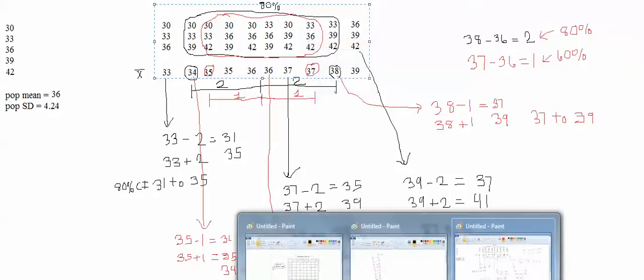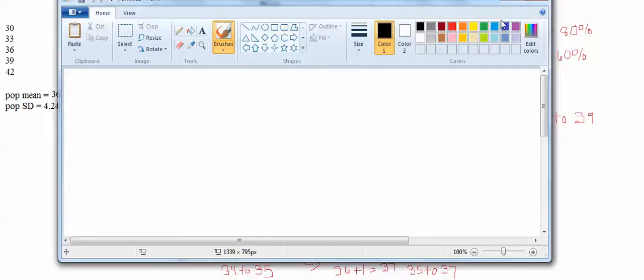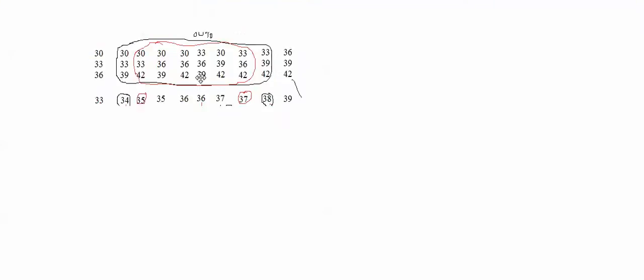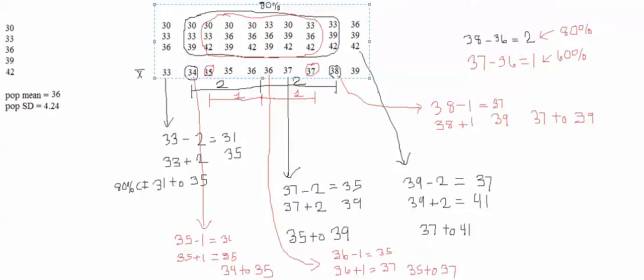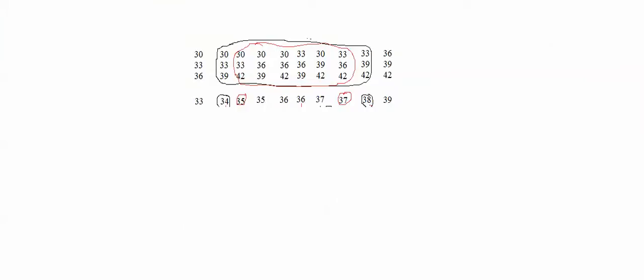I'll start a new page. So we know that the black circle includes the middle 80%.